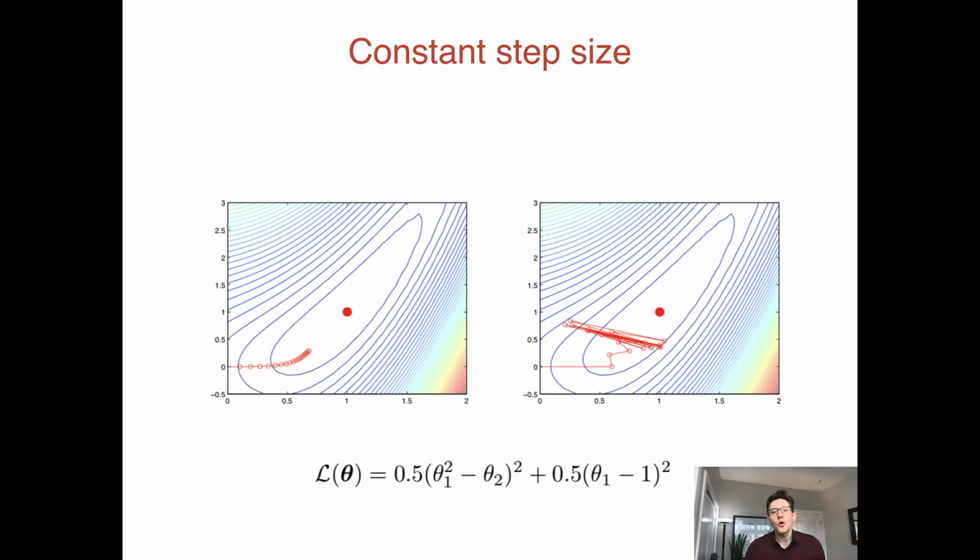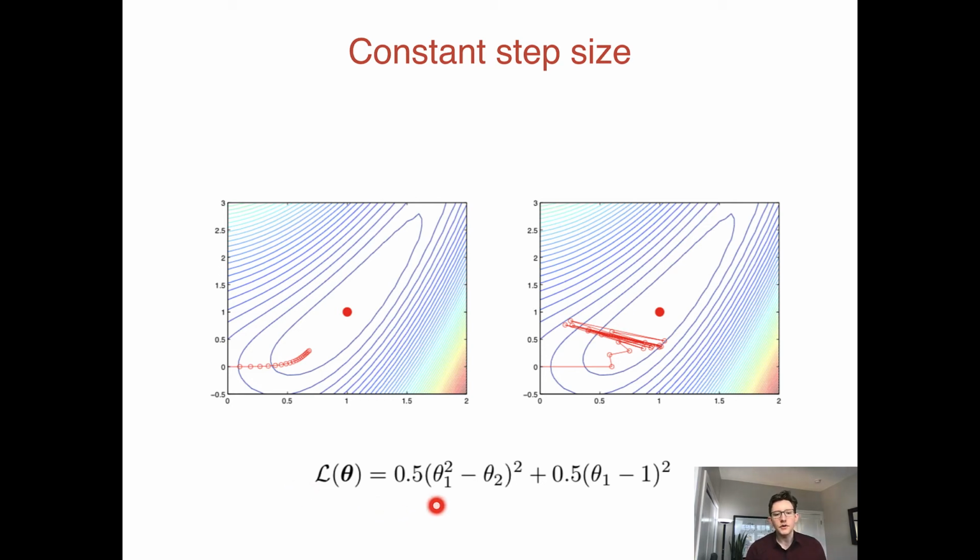Now that said, we're not guaranteed to converge using a constant step size. In particular, if the step size is too large, it's very possible that we might never converge. Let's use this as an example. We're using this function here at the bottom, which we're imagining we're trying to optimize. Notice that there's nothing too crazy going on here.